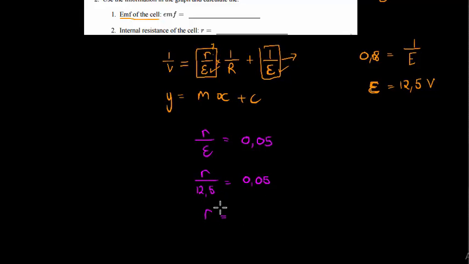So a half of this is 6.25, and this is like 5 over 100, so I'm also dividing by 100, moving it 2, so that is 0.625 ohms.